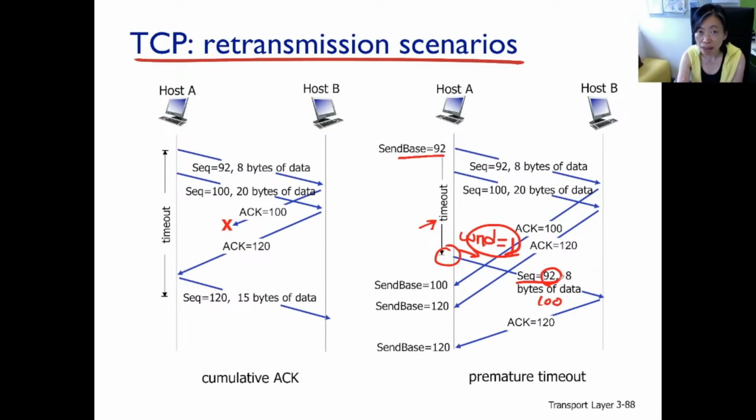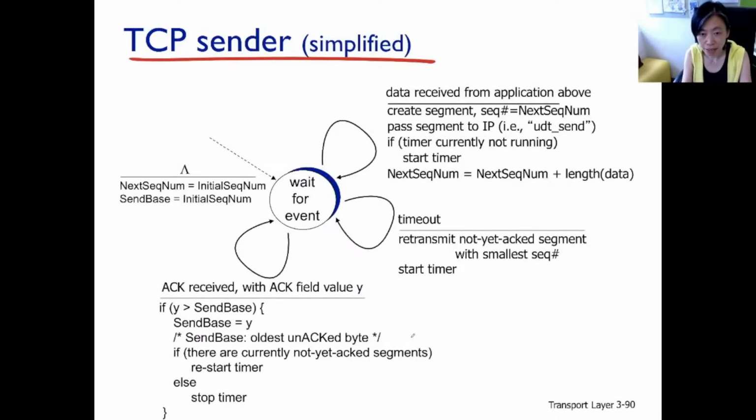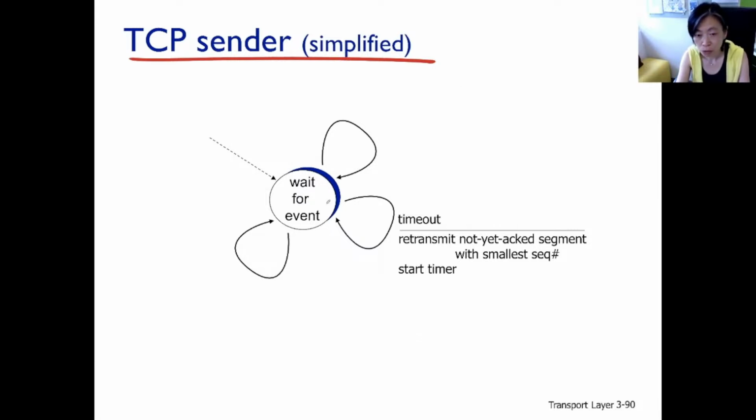And that's why, if you look a little bit carefully at the sender's finite state machine we were talking about, and here it is, let's ignore all these other transitions that are not relevant. So we're experiencing a timeout event here. The description in the finite state machine says this: retransmit not yet ACKed segment with smallest sequence number. Now we read on the actions being taken carefully.